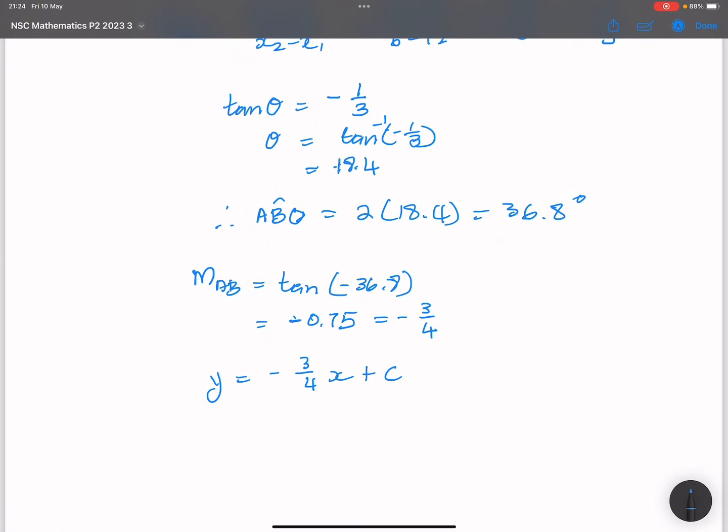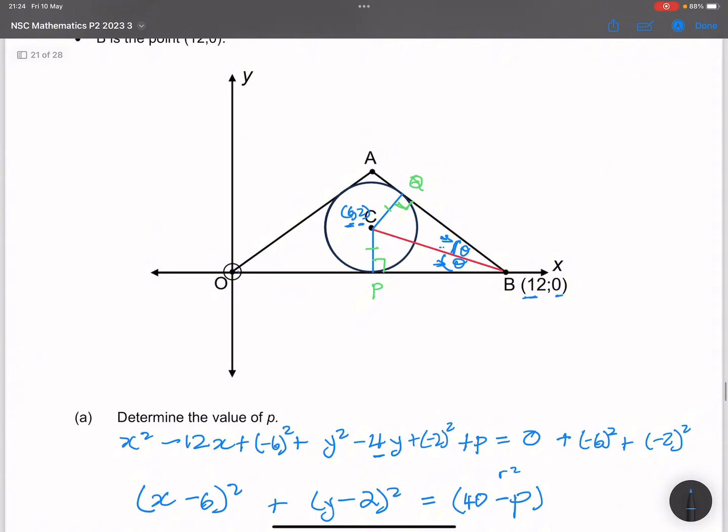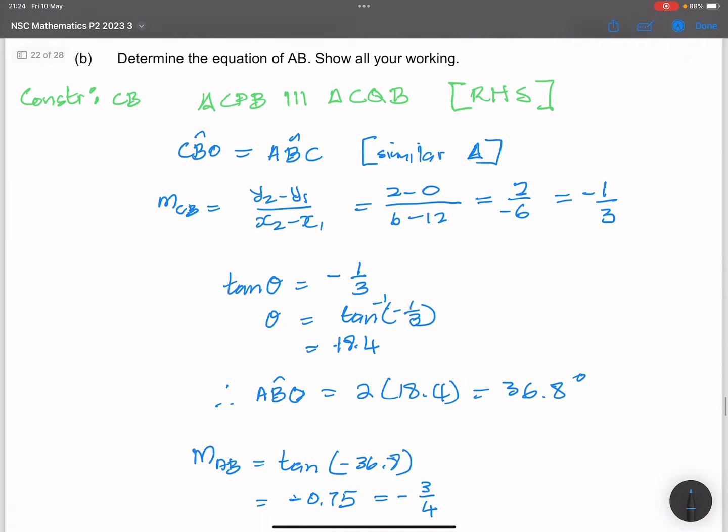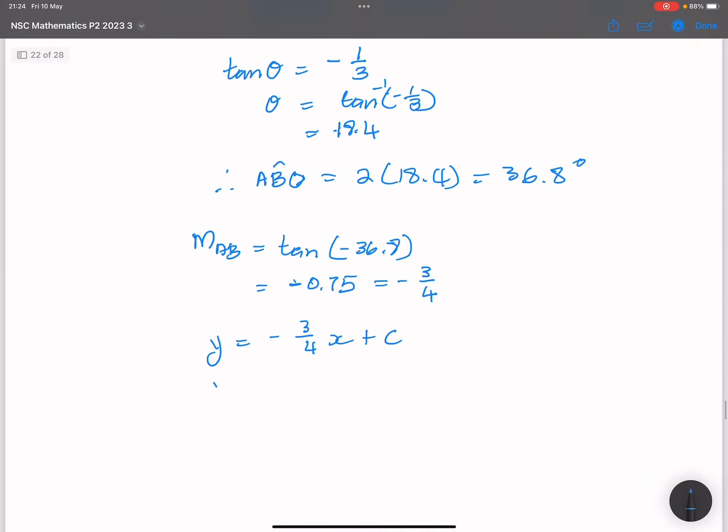But remember, what do we have there? It passes through that point 12 and 0. So when x is 12, y is 0.